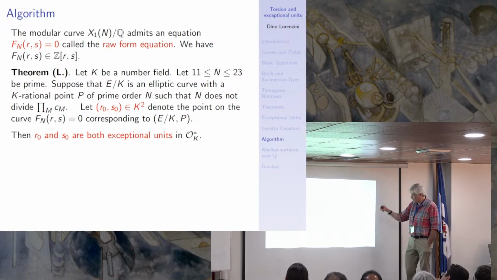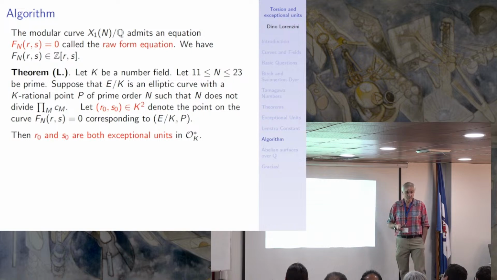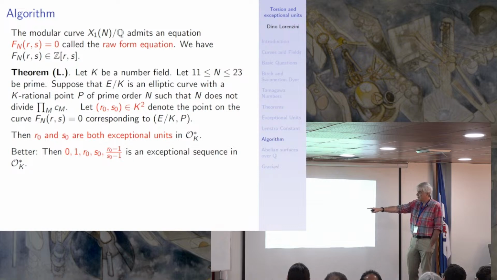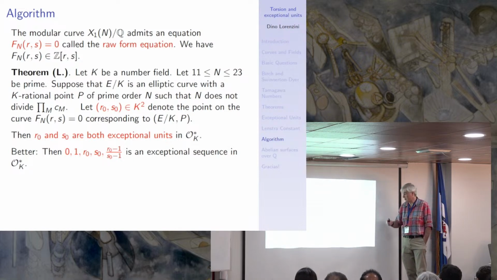But this is not good enough to get a large Lenstra constant. So let me give you a little bit better, but not yet the full thing. I can show that 0, 1, r0, s0, and then (r0 minus 1) over (s0 minus 1), that has to be an exceptional sequence.